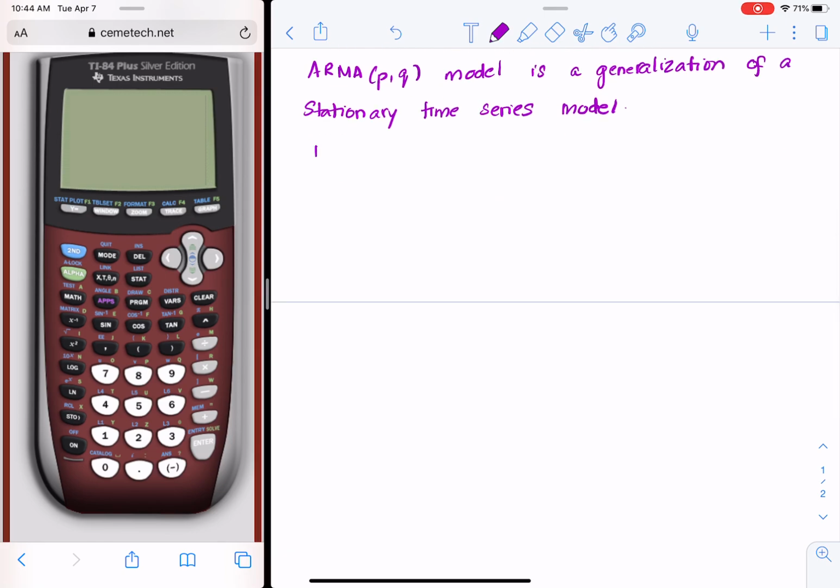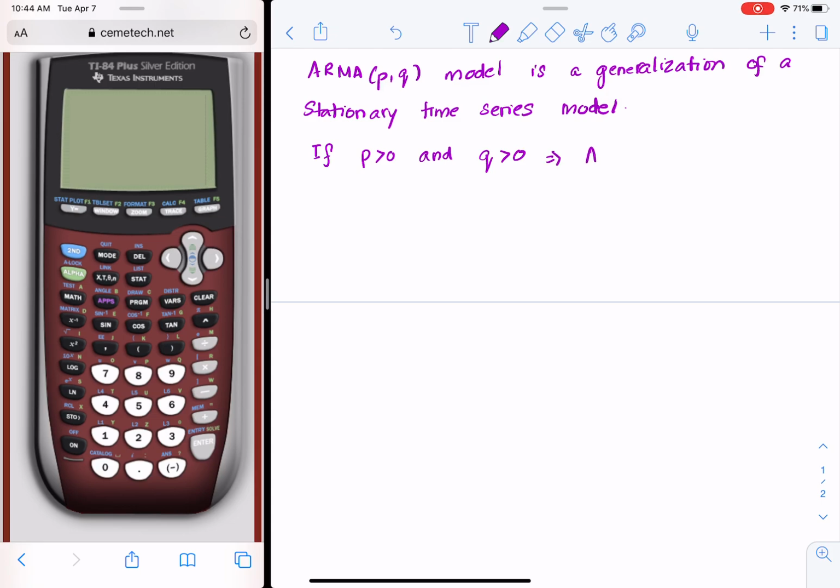And if P is greater than 0 and Q is greater than 0, we cannot specify the model as either AR or MA because it is a combination of both AR and MA.